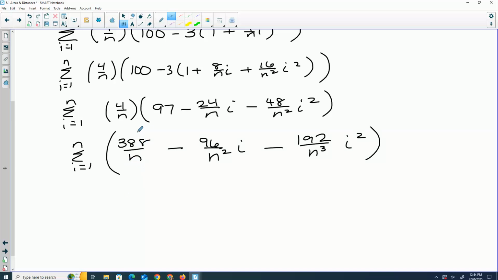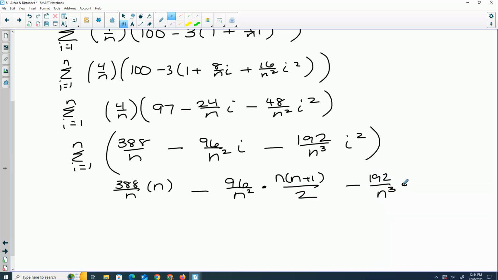What happens if I add 388 over n? This times n. Since it doesn't have an i in it, it just gets multiplied with n. Minus the 96 over n squared, you're essentially pulling that out in front of your summation. What's the formula for the sum of i? n times n plus 1 over 2. Minus 192 over n cubed.